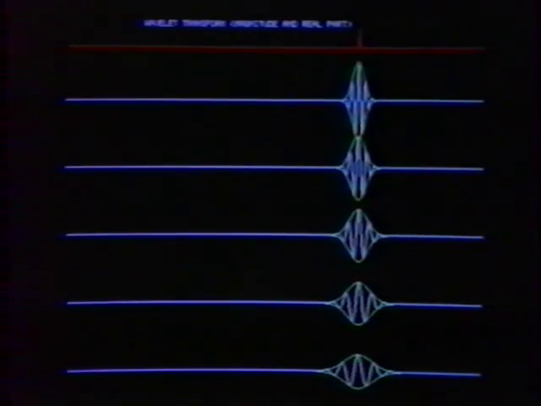You see the modulus and the real part, and of course the modulus is an envelope of the real part. At the very top of the screen you still see the signal, which is a delta function.